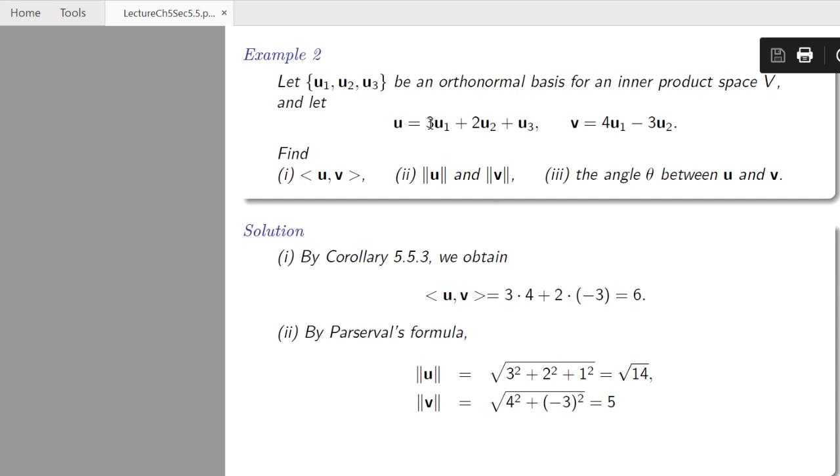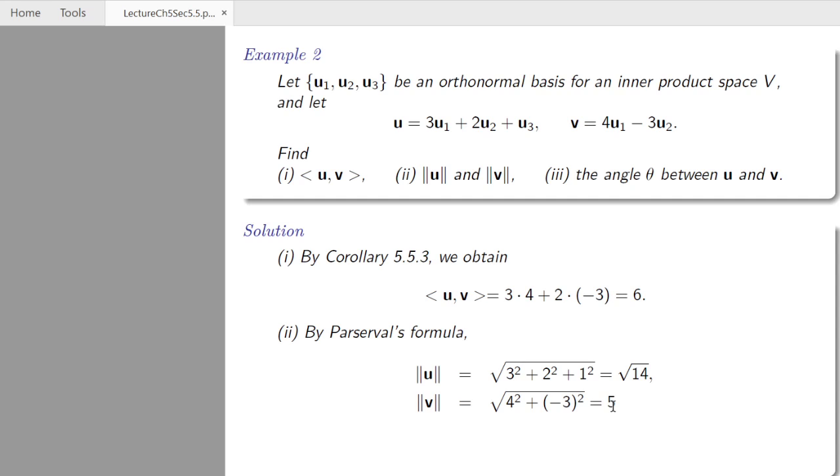So that's the square root of 3 squared plus 2 squared plus 1 squared. Similarly, for the vector v, we can calculate its length. That is the square root of 4 squared plus -3 squared. And for that, we get the length of v equal to 5.